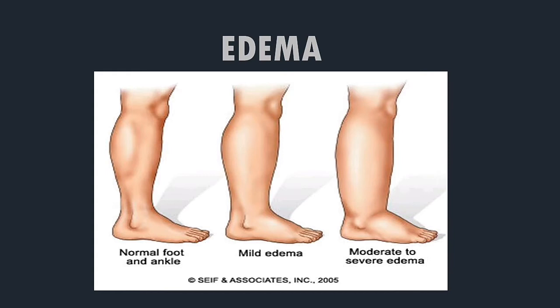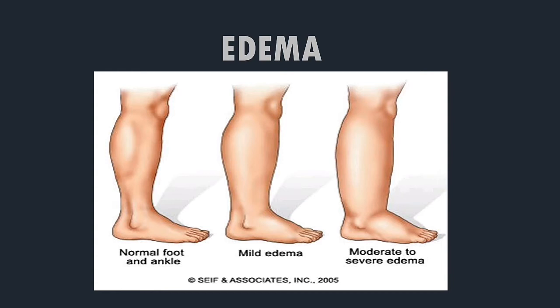As you can see in the picture, from a normal foot and ankle to moderate to severe edema, you can see the huge difference, that there is swelling from mild edema to moderate to severe edema. As you can see, the normal foot and ankle is just normal.